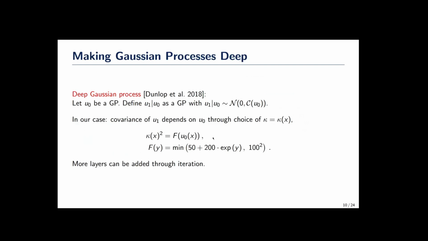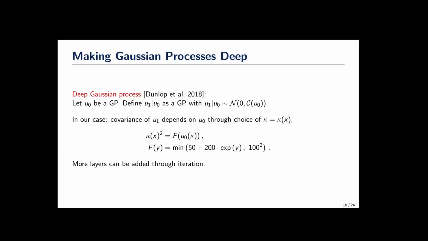So now our upper layer U1 can represent length scales that are given by this non-stationary kappa of x, which depends on our bottom layer. And then the exact expression for the layer transformation is just the way that we've chosen it because it works well, but importantly, it has to be bounded from below and from above to be able to make sense of this in your SPD context. That is the main key takeaway message here.